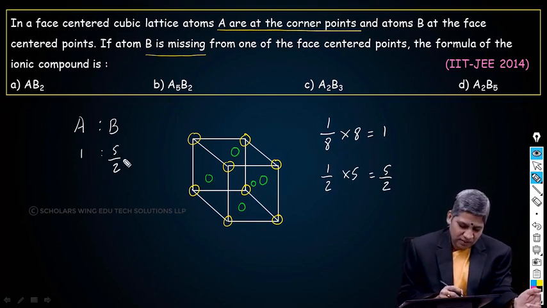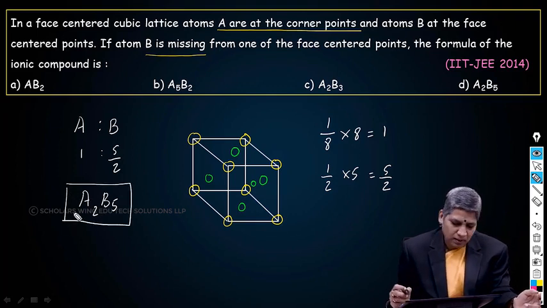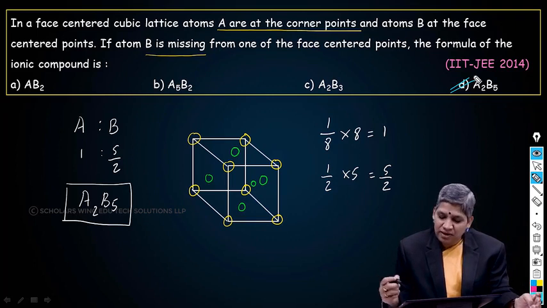Therefore, when you simplify this further, you get ratio as A2B5, isn't it? And that is the molecular formula. Okay. Where is A2B5? D, right? So the right option is D. And this is taken from IITJEE 2014 question paper.